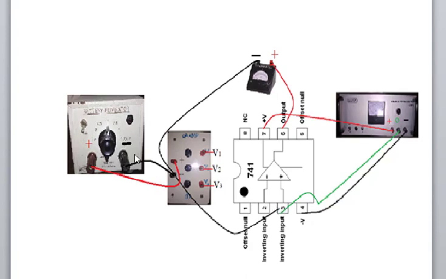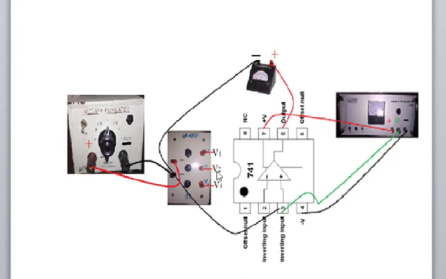And then the input is given like this. An external battery is used. This positive is connected here, negative is connected here. It is a potentiometer. We can vary the voltage. We can take V1, V2 or V3 as input voltages. It may be connected to the inverting input or non-inverting input.